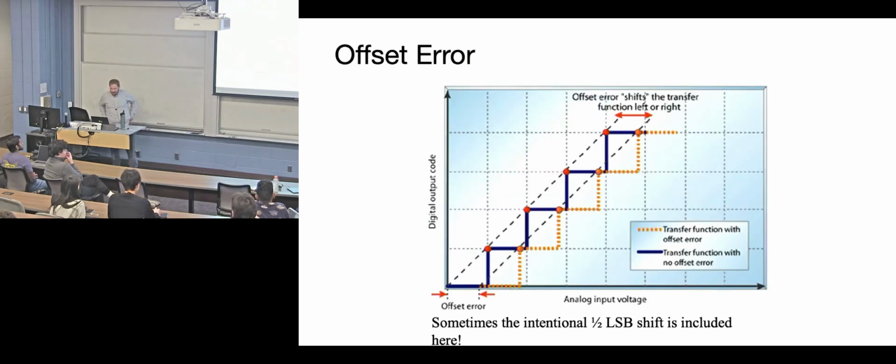You'll find some errors are easy to overcome. So offset error. The positive and negative rails may have some bias, or the inherent internal circuit may offset the values from what you expect. So you put in some analog value here, and it's actually giving you this other analog value.